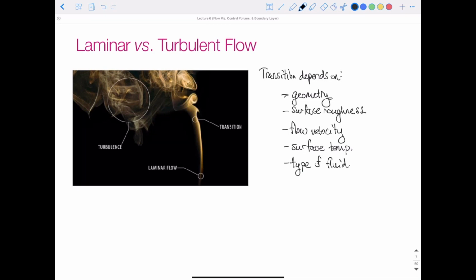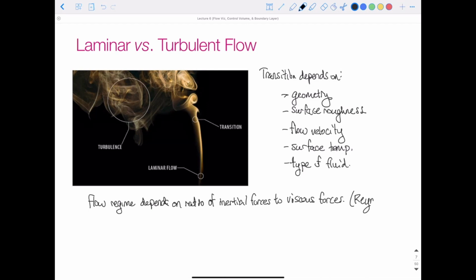So let's write: flow regime depends on the ratio of inertial forces to viscous forces, and we call this ratio the Reynolds number. We can express this ratio in terms of some flow properties.